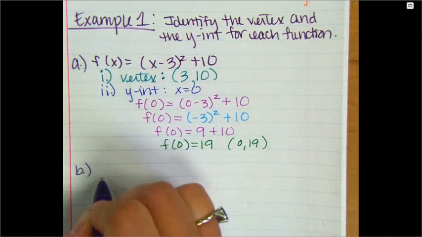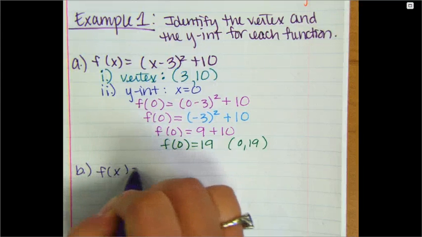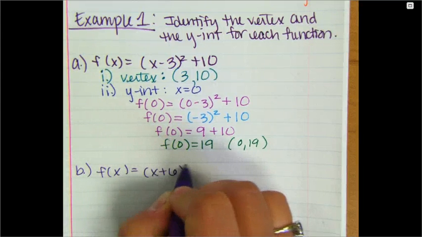Example 2, or B. F of x equals (x plus 6) quantity squared minus 1.